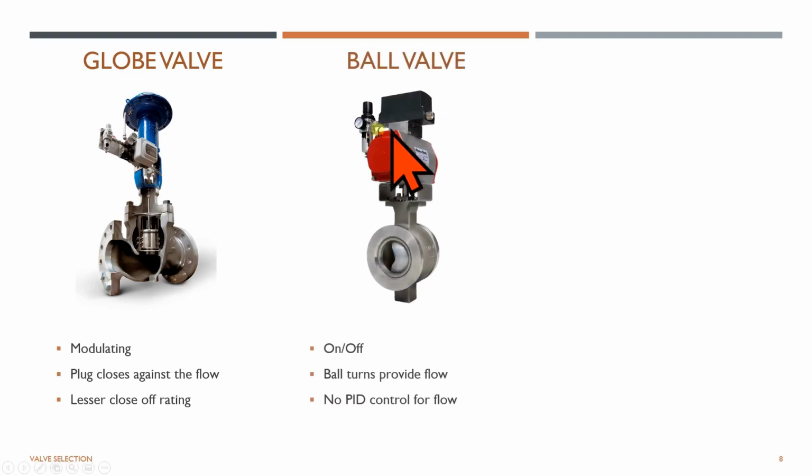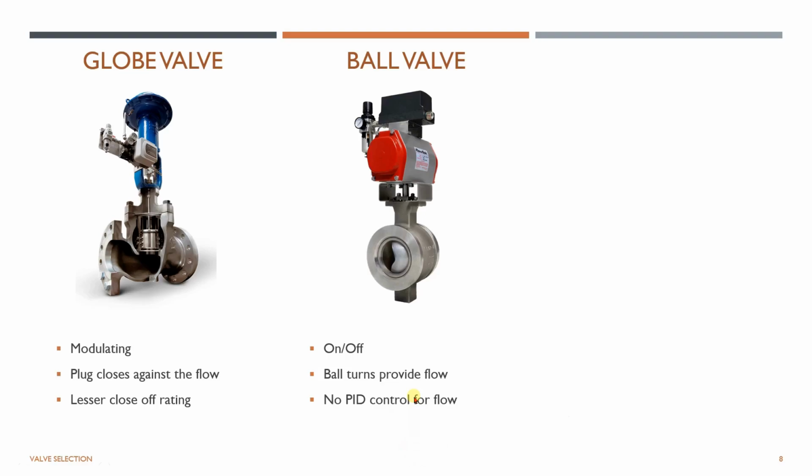So when a ball valve is used, ball valves are usually considered for on-off applications, as the ball turns 90 degrees and eases the flow or restricts the flow when it is closed. These are usually not used for PID control or temperature control in an ideal selection, until and unless the customer specifies that they specifically want to use a ball valve, maybe because of pricing, maybe because of n number of reasons.